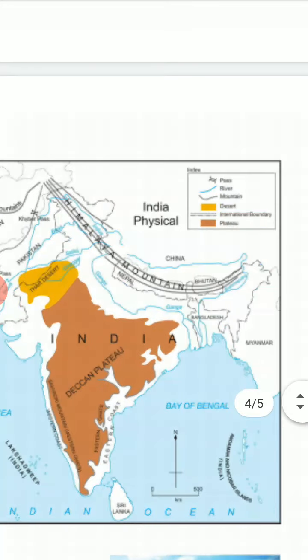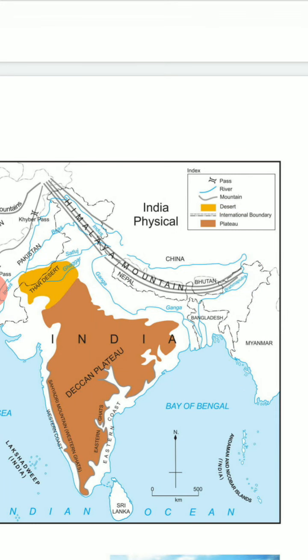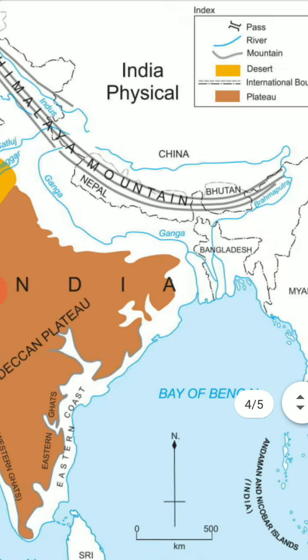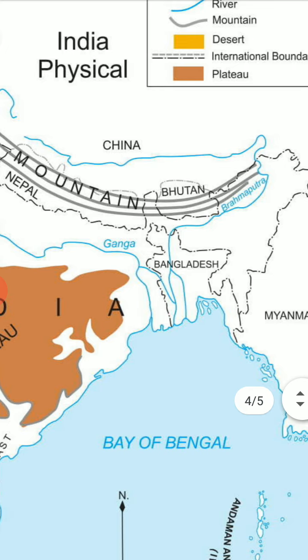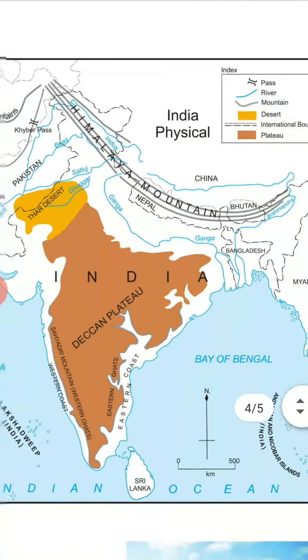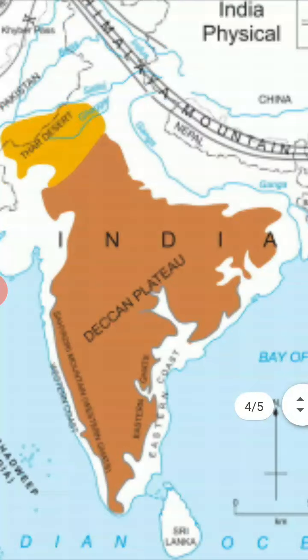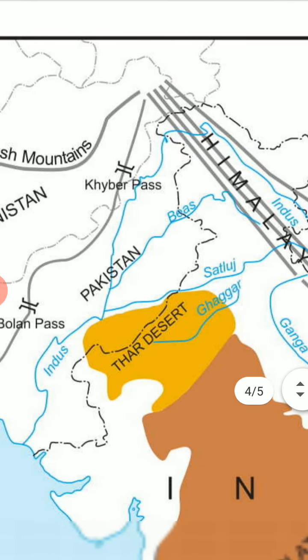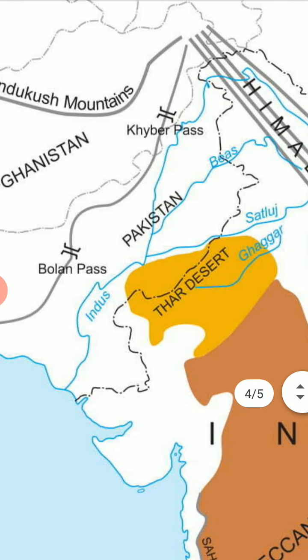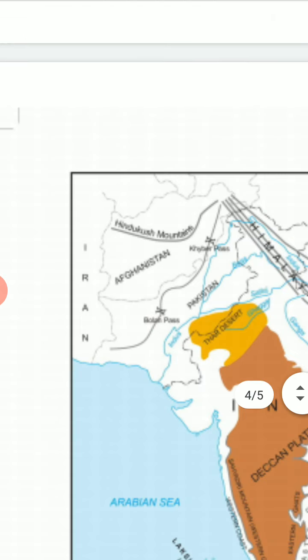Yeah, that's it. Let's see where the rivers are. You can see here Ganga River. You can see here Brahmaputra River. You can see here Satluj River. You can see here Ghagar River and many more like Indus River.